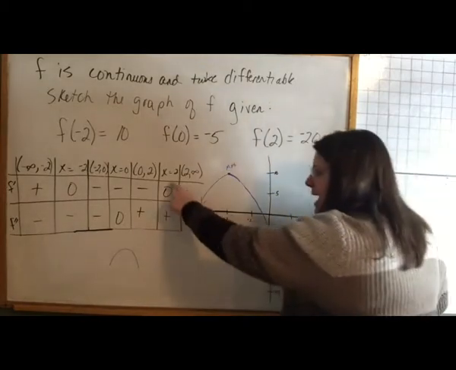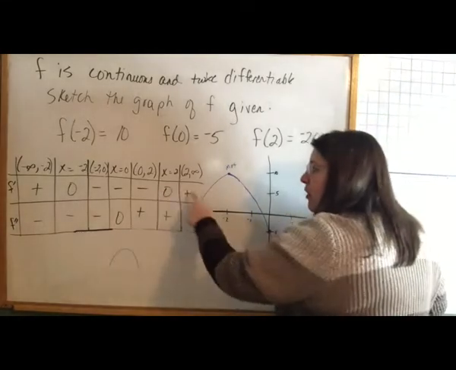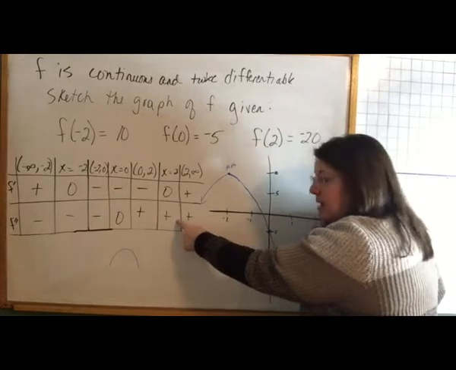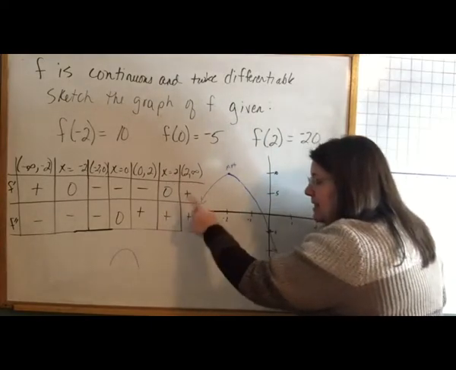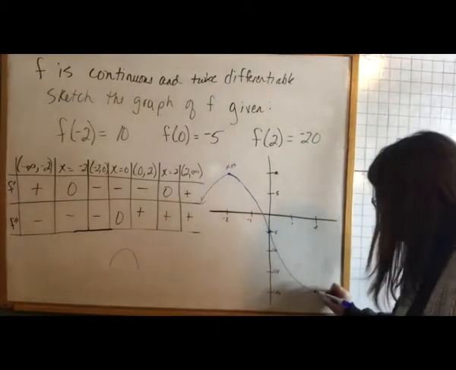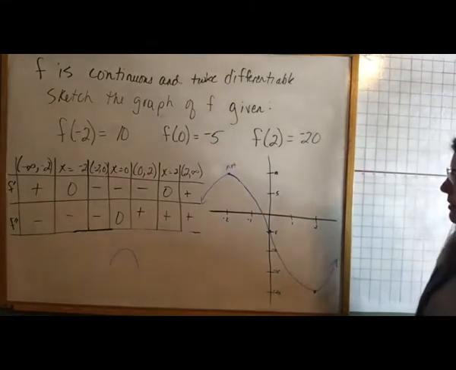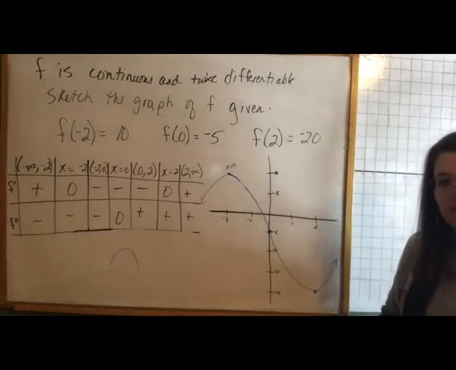So that means at x equals 2, that would be a minimum because of the slopes, but it's also a minimum because of the second derivative test. f double prime at 2 is positive, meaning that's a local minimum. So that's our minimum. On the other side, it's going to be going up. This would be a good rough sketch of the graph that they've described in that table.